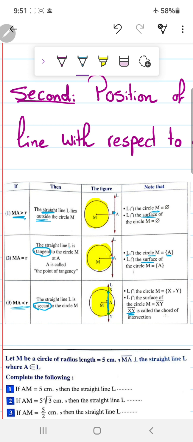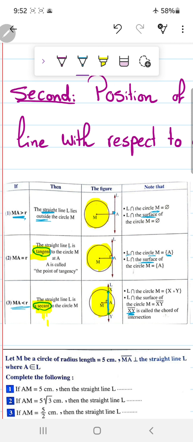If MA equals R, the straight line is called a tangent. If MA is smaller than R, the straight line is called a secant. So we have new words, tangent and secant.